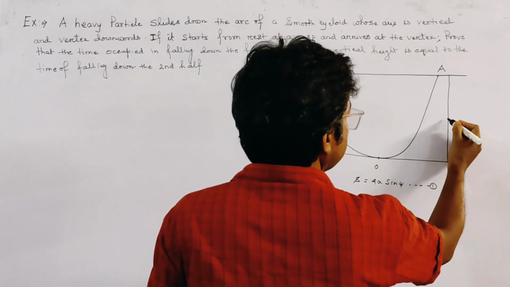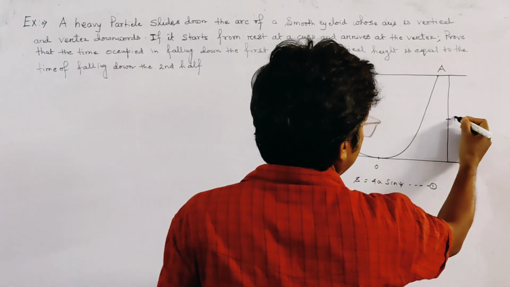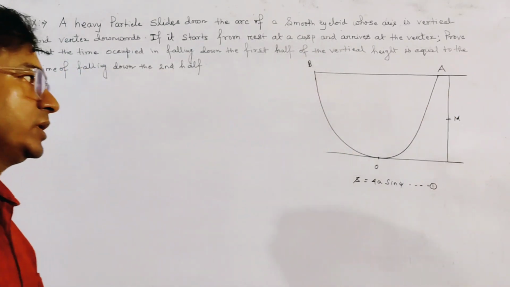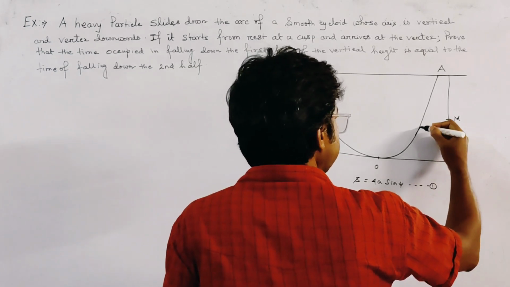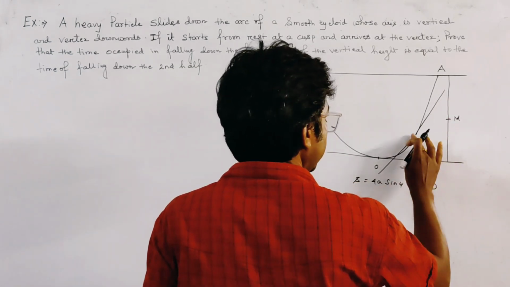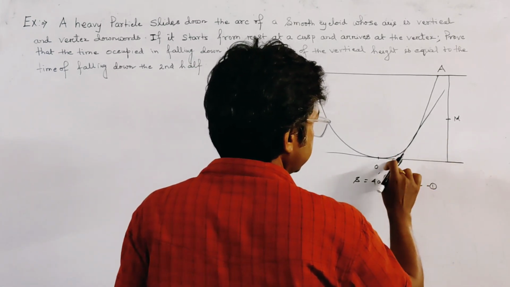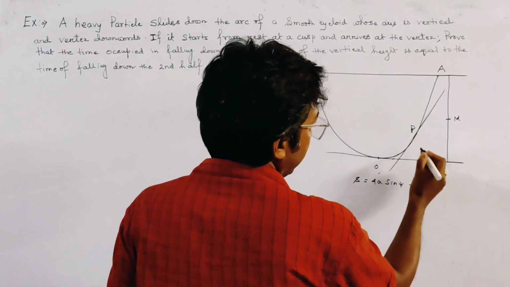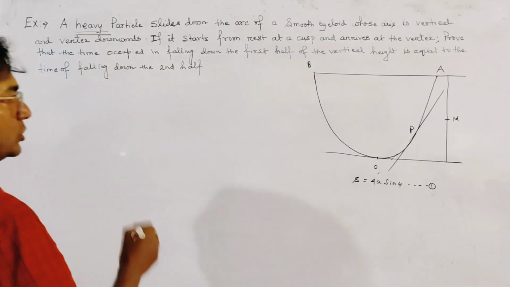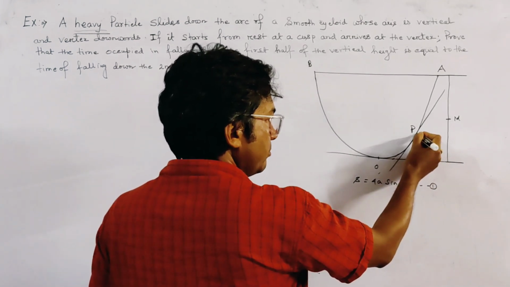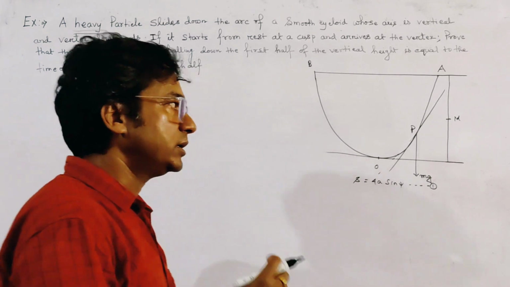Let this be the middle point M. Now we draw a tangent at the point P. Since it is a heavy particle, the weight mg acts vertically down.